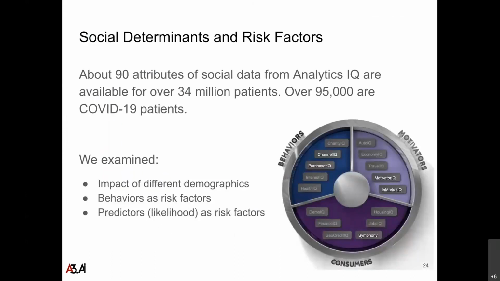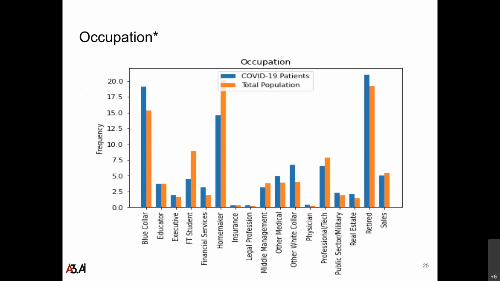The second one we did is on social determinants of health and risk factors. Again, we have about 90 attributes of social data from a company called Analytics IQ, covering over 34 million patients and 95,000 COVID-19 patients. We look at the impact of demographics, behavioral risks, and predictors, such as motivators. We took a step at looking at occupation, comparing the COVID-infected people against the total population within that data set with the same occupation.